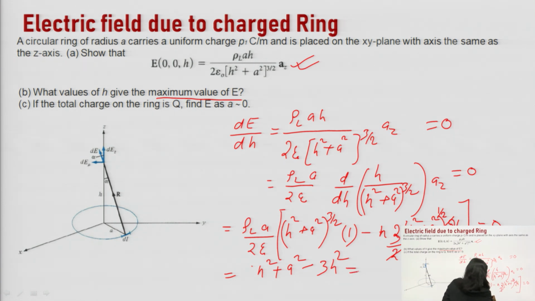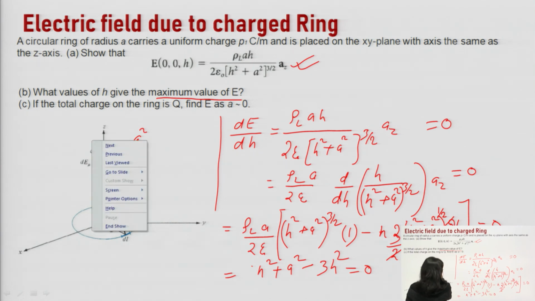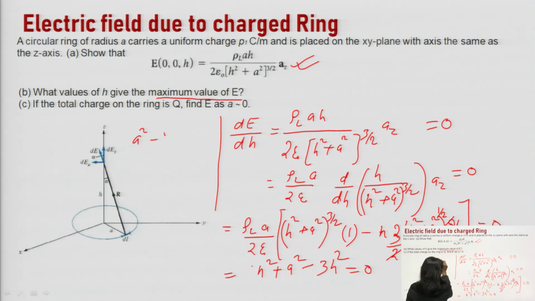So this will be equal to 0. After simplifying this, we will get A square minus 2h square is equal to 0.